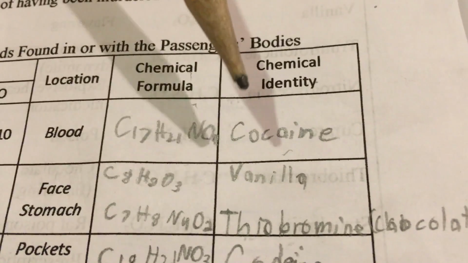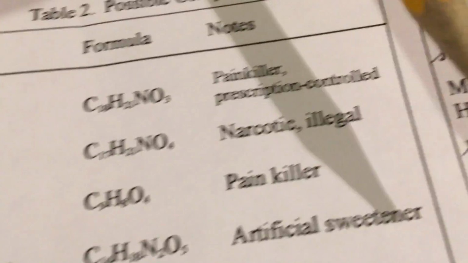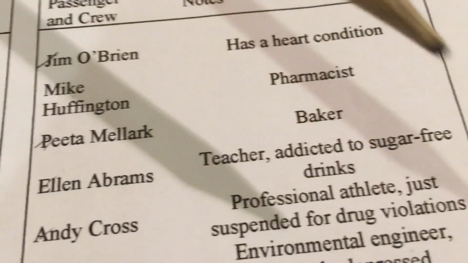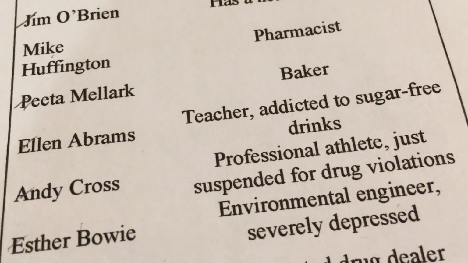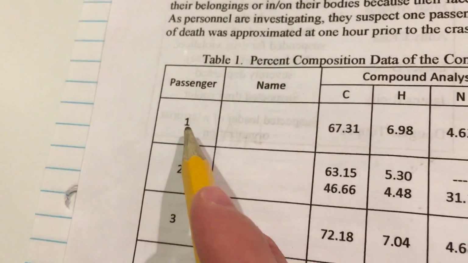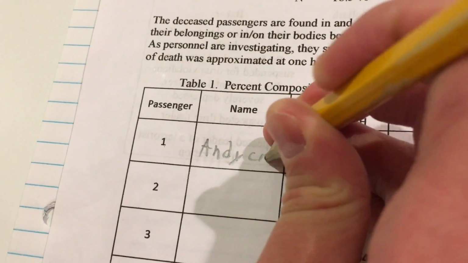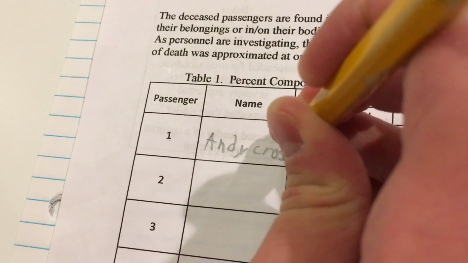So, I tied that to Andy Cross, a professional athlete just suspended for drug violations. So now we know that passenger 1 is Andy Cross.